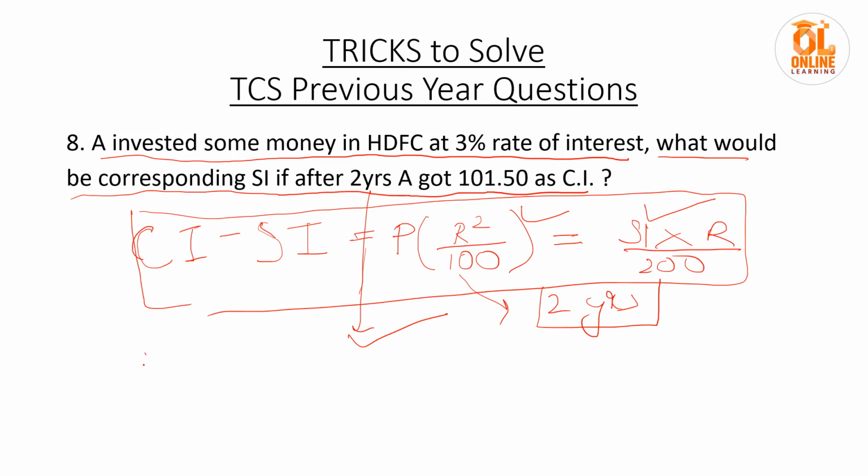CI given as 101.50. We have to find the SI into R. R given as 3 by 200. Just solve this and you will get the answer. You will get the answer as 100.